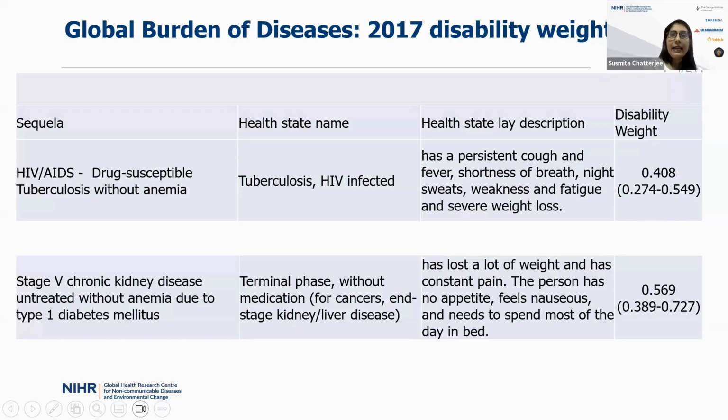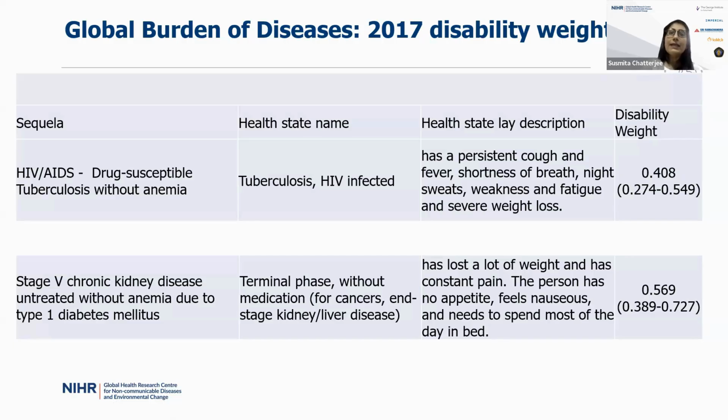Though I would say there were a lot of discussions around using these disability weights, because many researchers and clinicians do not agree with some of them. They feel these are not really making sense, because in some cases they ask how come it is lower than another one, when they felt it should be higher.